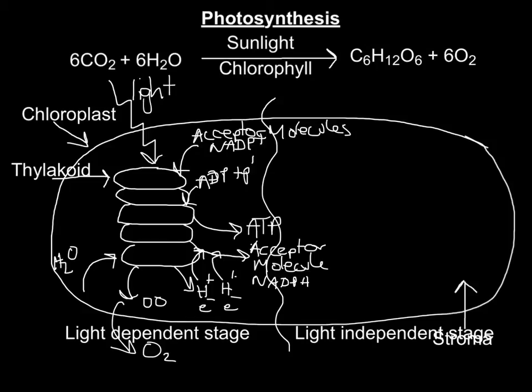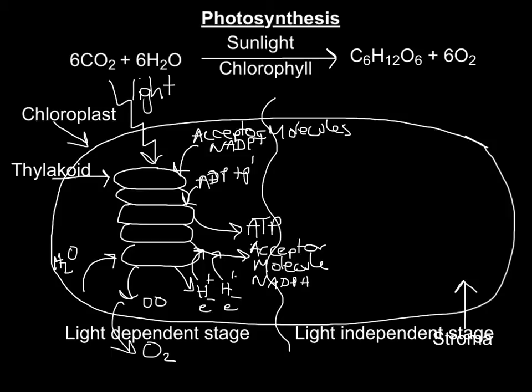And we also see that photosynthesis produces oxygen, and you can now account for the production of oxygen, which has been produced by splitting the water molecule in the light dependent stage. So the only things left to use from our equation are our carbon dioxide, and we need to still produce some glucose. So let's have a look at that now.